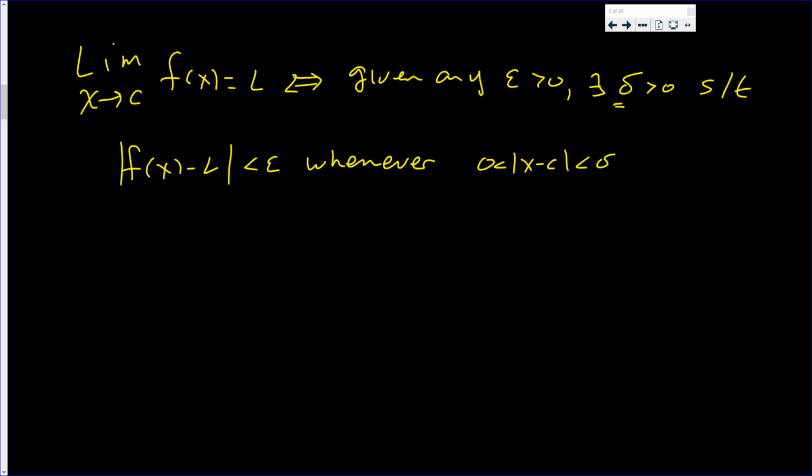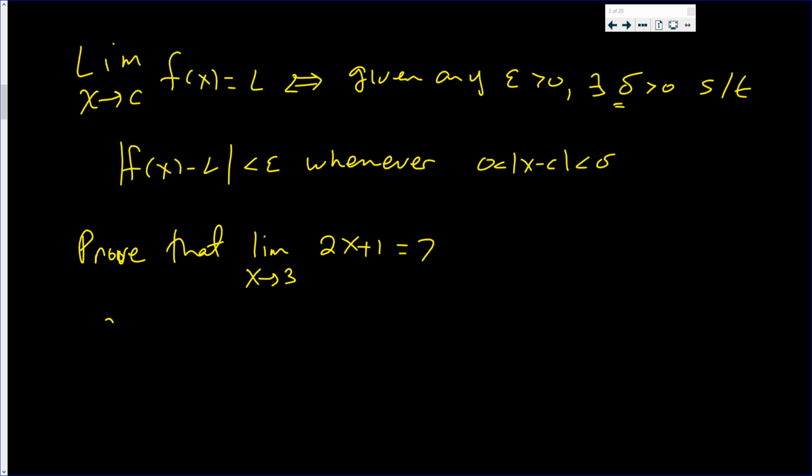So, like I said, let us do some limit proofs, some epsilon delta problems. Suppose you are asked to prove the following. Prove that the limit as x goes to 3 of 2x plus 1 is equal to 7.